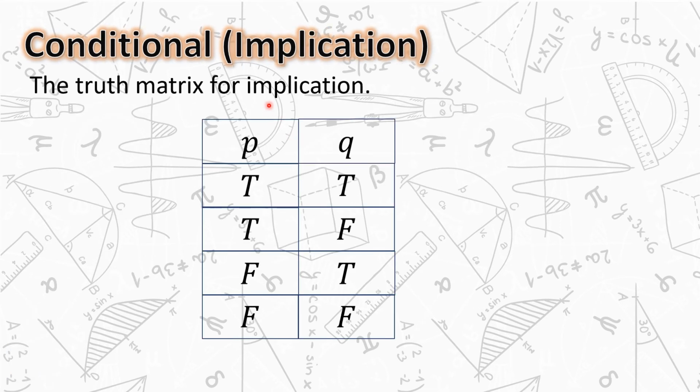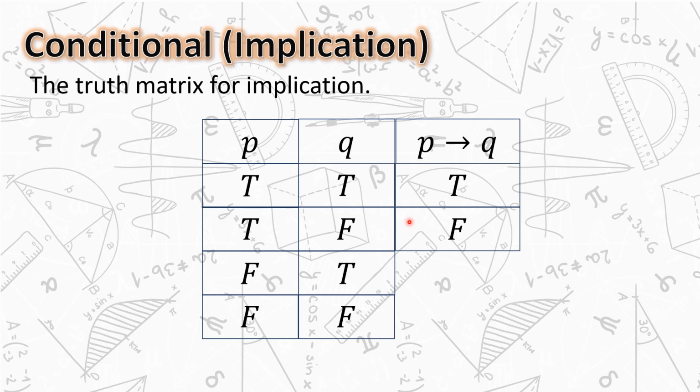The truth matrix for the implication or conditional statement P implies Q, or if P then Q, is the following. If both P and Q are true, then P implies Q is true. If P is true, or if the hypothesis is true and the conclusion is false, the implication is false.